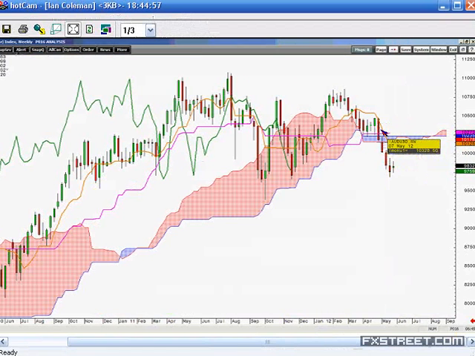And again, it might be pretty tight, but the Zen lines aren't in order. It is pretty tight. And the lagging line, I don't have to go back 26 periods, I can tell, is in price action. So as far as the weekly cloud is concerned, that move low is false.